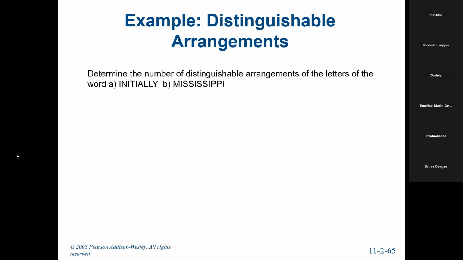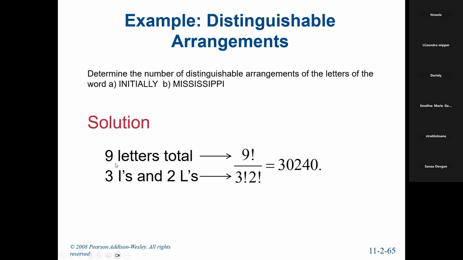Now you have an idea now. See? 9 letters total. So that's 9 factorial. 3 I's and 2 L's. So that's 9 factorial over 3 factorial, 2 factorial. So when you do this calculation here, you stop at 3 factorial, okay?